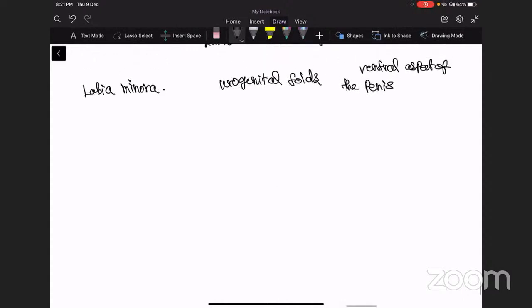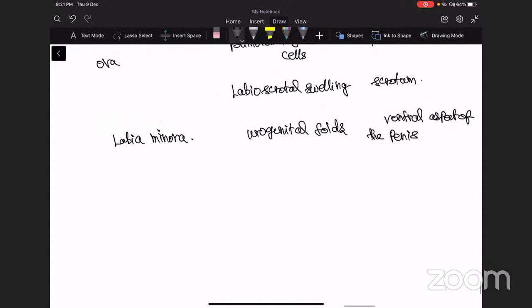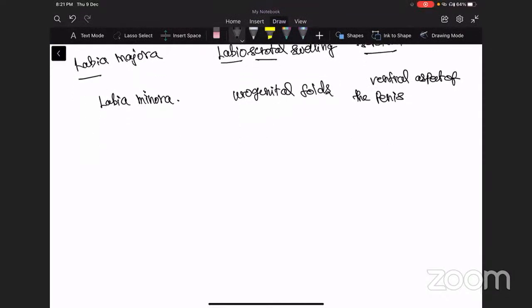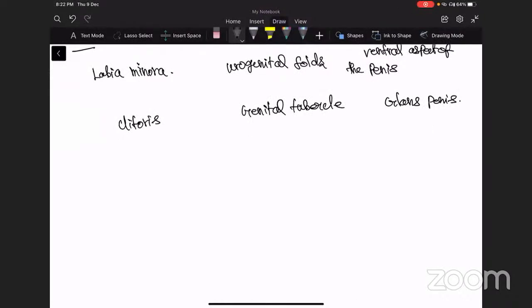Labia minora. Labioscrotal swelling, scrotum for males, and for females it is labia majora. Genital tubercle, glans penis for males and clitoris for females.